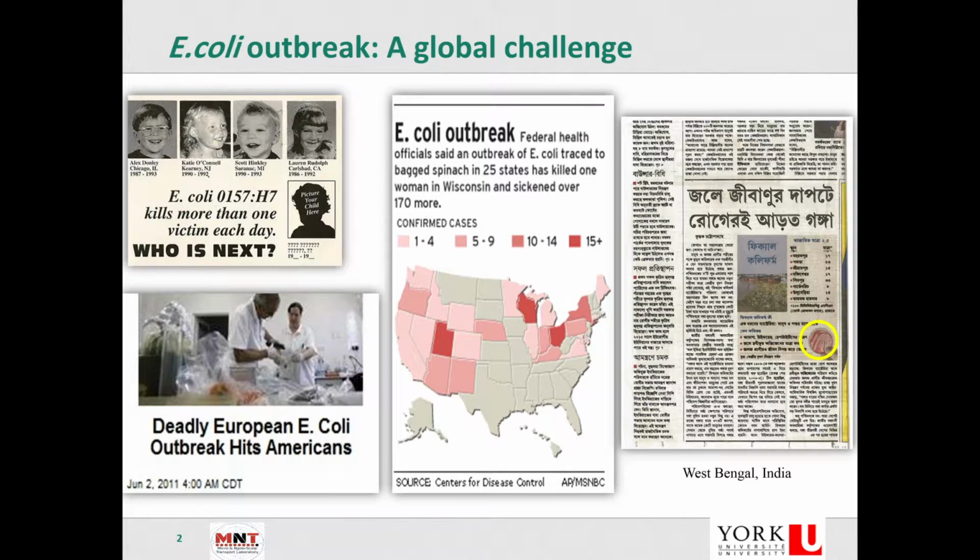This is our target organism. Some time back I saw in one of the daily newspapers in West Bengal that they found some E. coli, or coliform, in the Ganges.